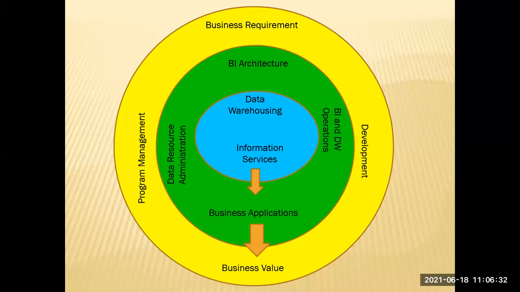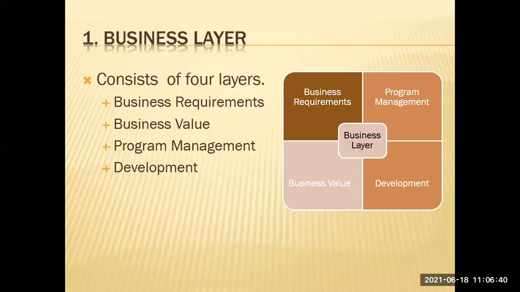Let us just concentrate on the first layer, which is your business layer. Have a look again, the same thing here, which consists of the four components. Your business layer basically is going to talk about the different requirements in the first point, that is the business requirements here.